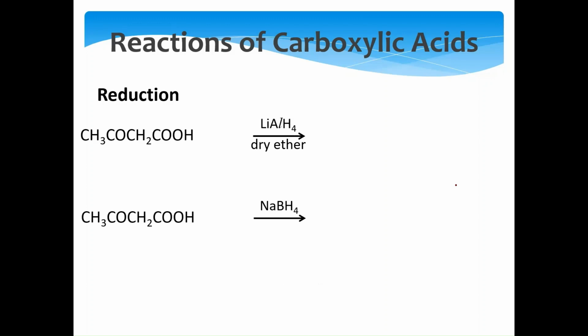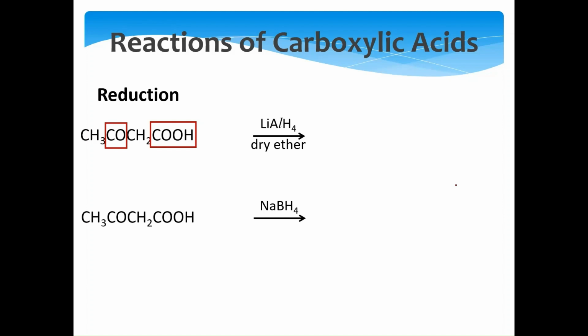So in these two reduction examples given here, let's try to write out the products after the reduction of the carboxylic acids shown on this slide. If you have CH3COCH2COOH, the carbonyl group as well as the carboxylic acid group will both undergo reduction with LiAlH4 in dry ether.